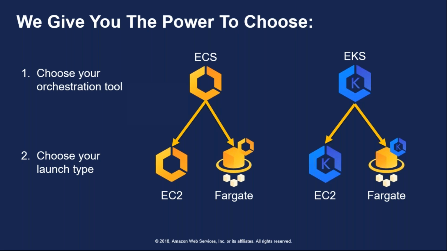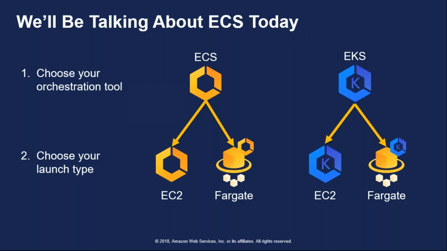The first one is called the EC2 launch mode, and the second one is called Fargate. Fargate is the one where you let AWS manage your EC2 instances for you. You just have to bring your containers and run them. Fargate with EKS is not yet available. It will be available soon. Today we are going to talk mainly about ECS.